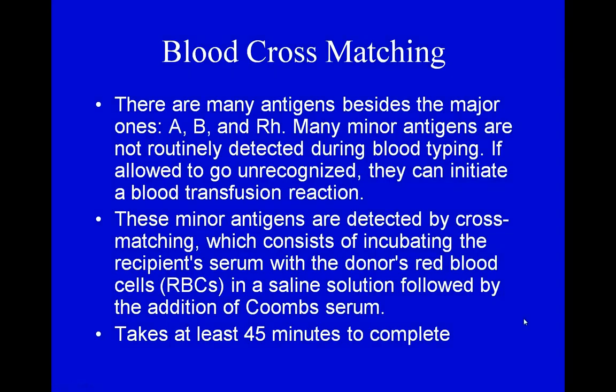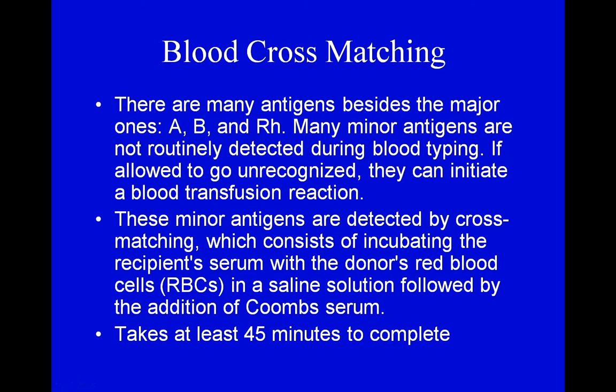When we do cross-matching, it's going to look for more than just whether you're O positive or O negative. It's going to look at many other antigen-antibody reactions. And each time you have had blood given to you, it makes the blood cross-matching process take longer. So if you have someone who, for some reason, they found that their platelet count is frequently low, so they give them platelets and they go in for a transfusion maybe every other month, every time they come back for a cross-match before they give another blood transfusion, it would take longer and longer.